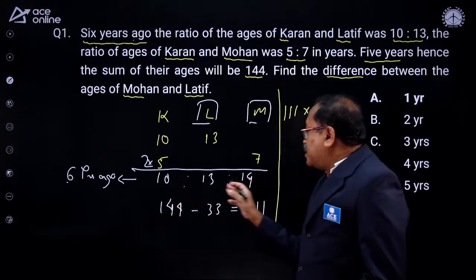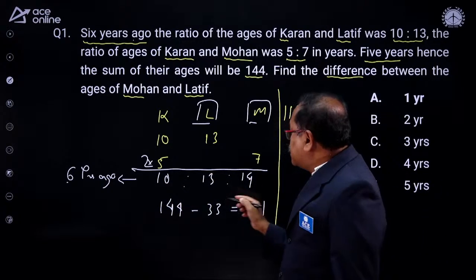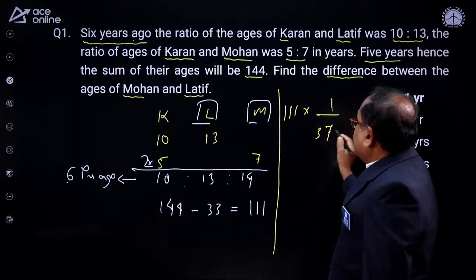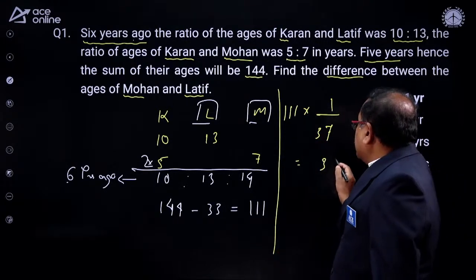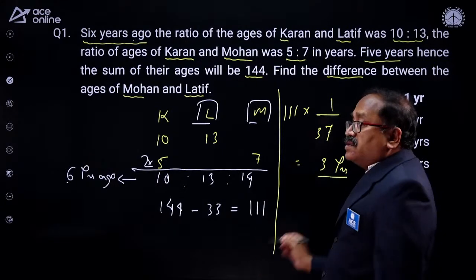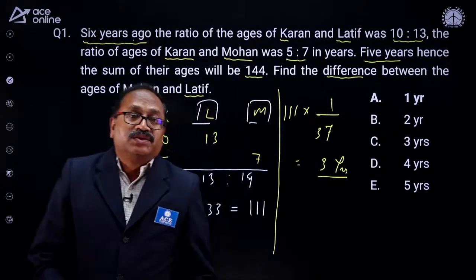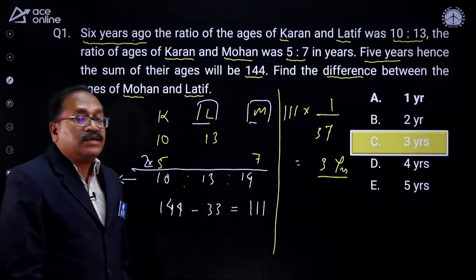The total number of parts is 37. अब देखिए 37 से ये कैंसिल हो रहा है ना 3 times. So the age difference is 3 years. You can see that option C.